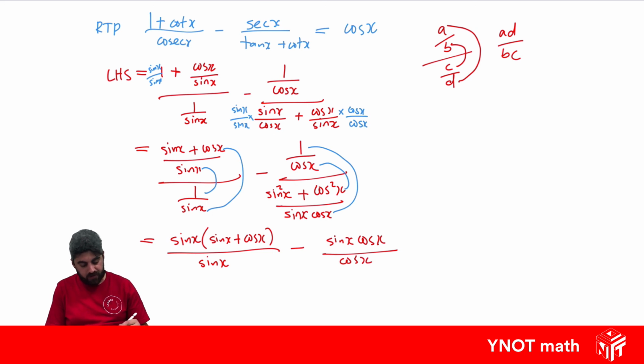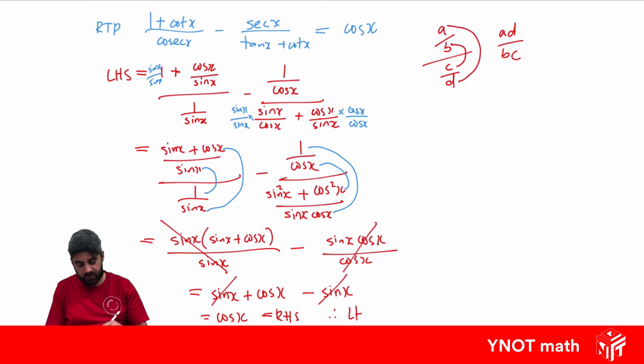The reason we don't expand is because sometimes we can simplify these. So sin x and sin x will cancel out, and cos x with cos x will cancel out, which just leaves us with sin x plus cos x minus sin x, and sin x minus sin x goes, and that just gives us cos x, which equals our right-hand side. So we can say, therefore, the left-hand side equals the right-hand side.